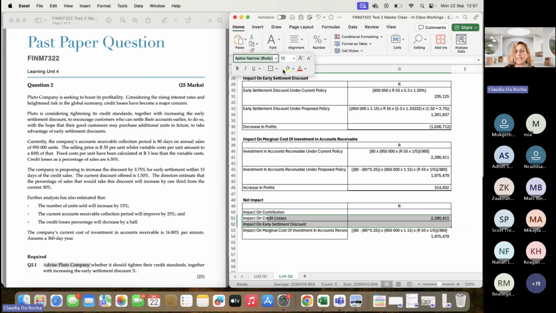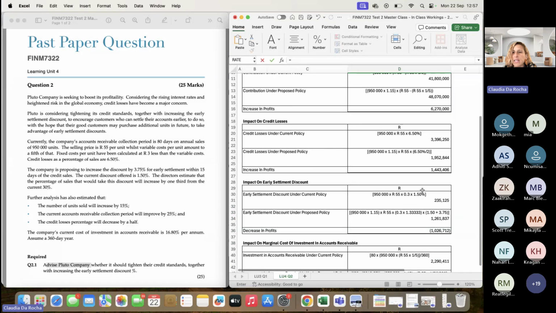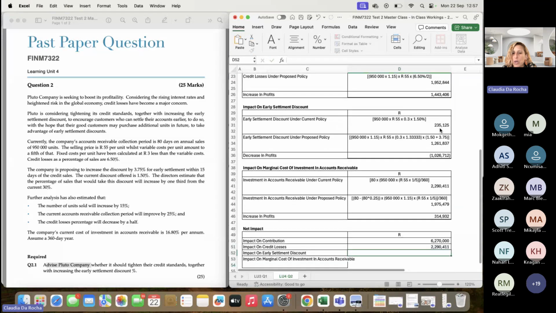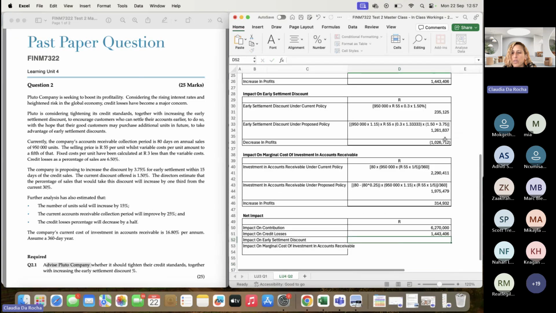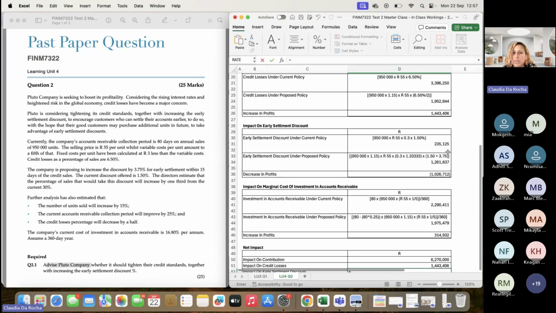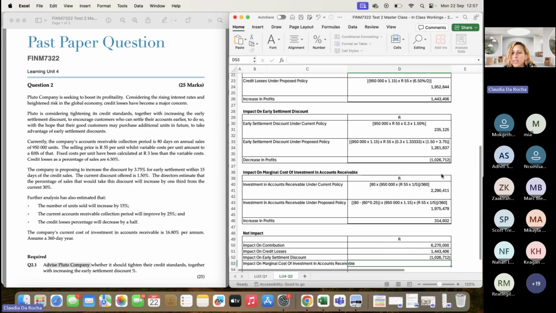So we basically bring through the amounts from above. Our impact on contribution, we said it was an increase, so a positive value. We know the impact on the credit loss was an increase, so a positive value. We know that the early settlement discount was a decrease, so a negative value.